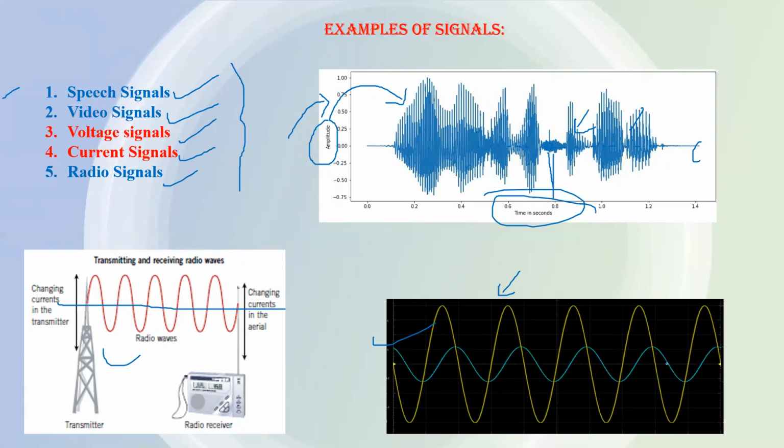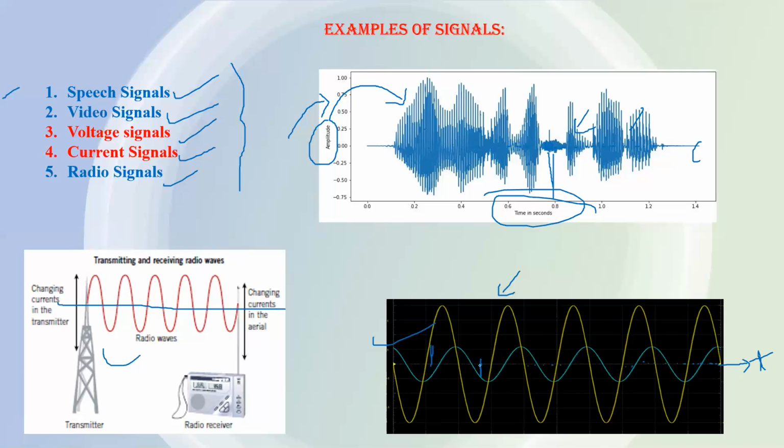At each and every point on the time axis, there will be an amplitude of voltage or current. Suppose, what is the amplitude of voltage at this point? The amplitude will be this. What is the amplitude of the current at this point?